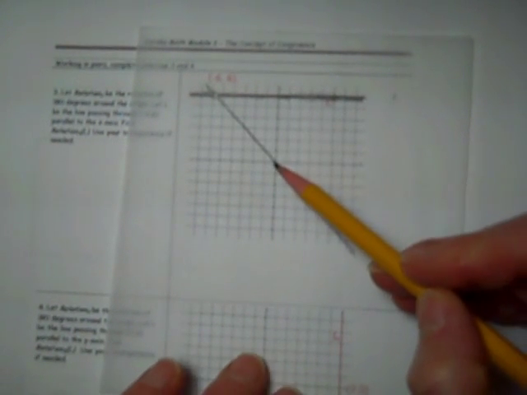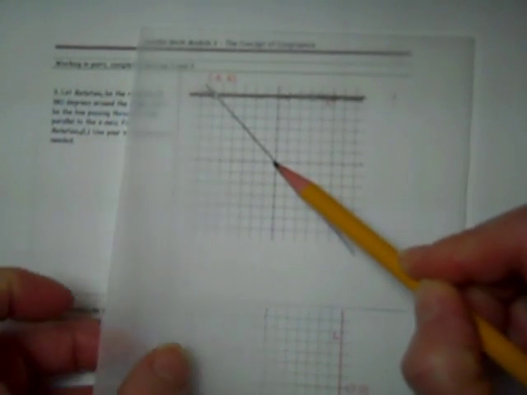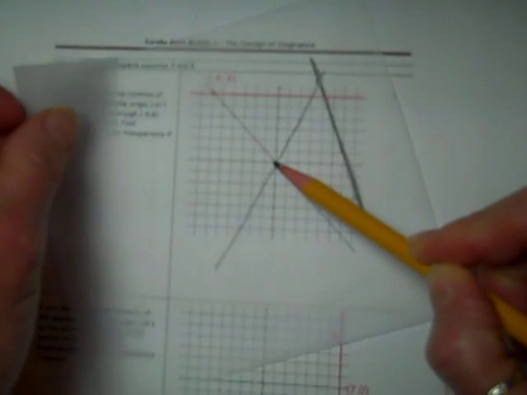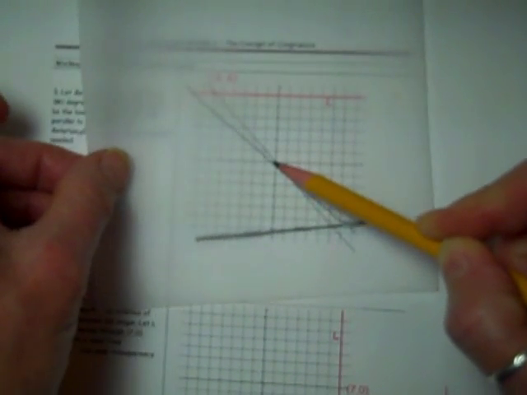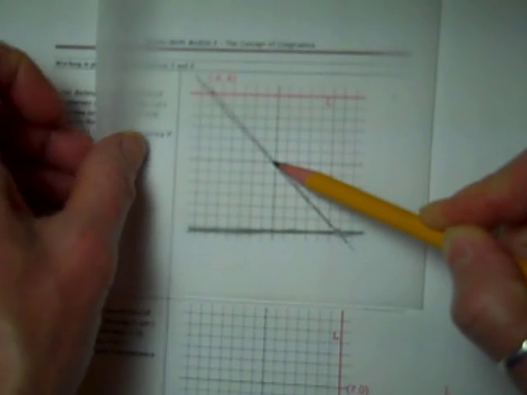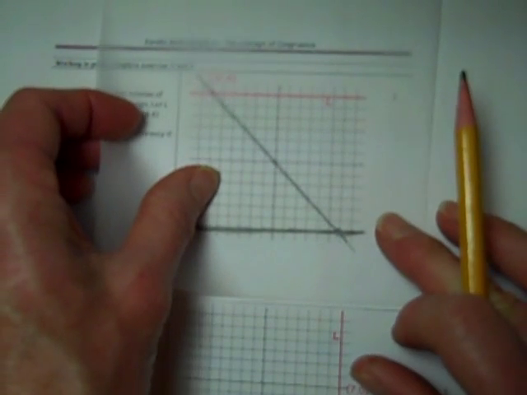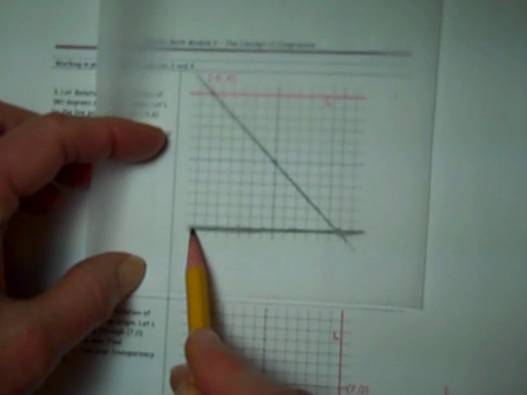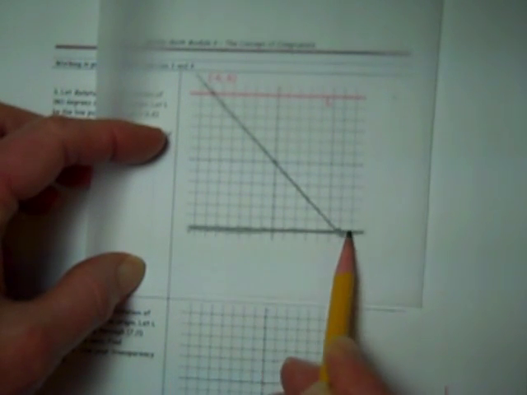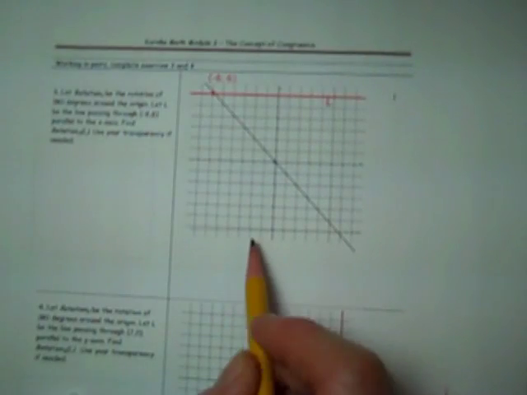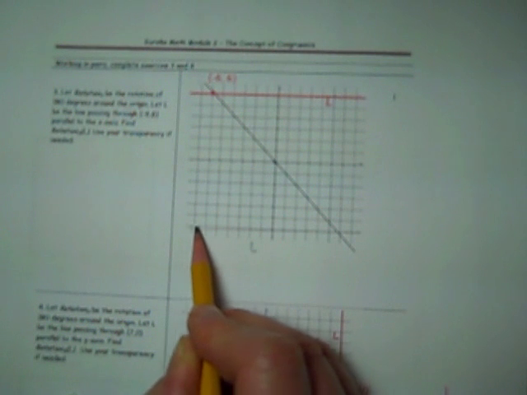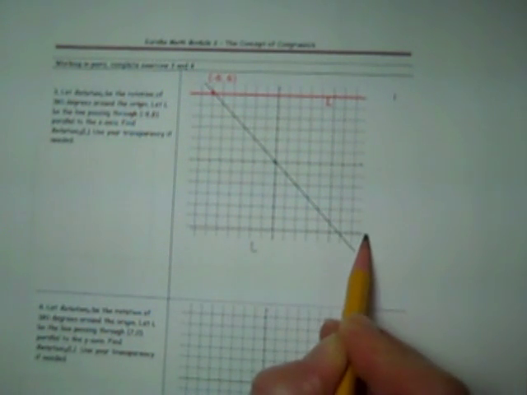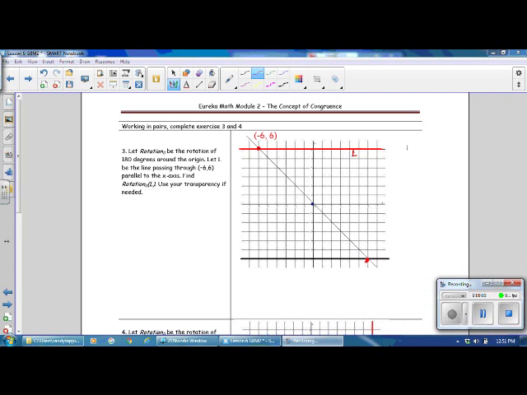So I have my pencil tip on the origin and I rotate it 180 degrees. I know it's 180 degrees when the point (-6, 6) is back on the line. There we go. Then darken and label your line. And that will be L prime. You may need to darken that line a bit. Let's write our statement for the rotation.